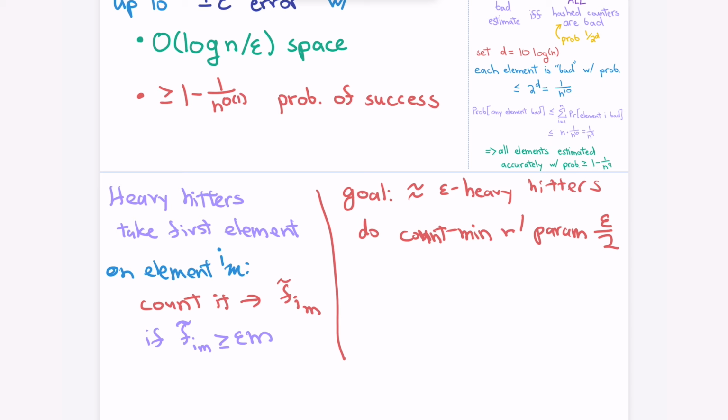I will get all the epsilon heavy hitters, but I might also get some x heavy hitters for what value of x? So our data structure is overcounting by at most epsilon over 2. And I'm taking anything where the overcounts are at least epsilon.